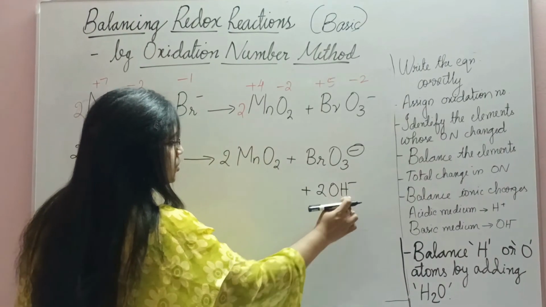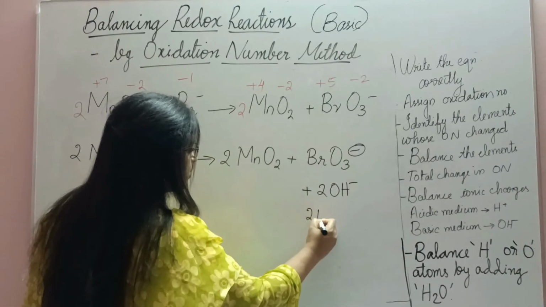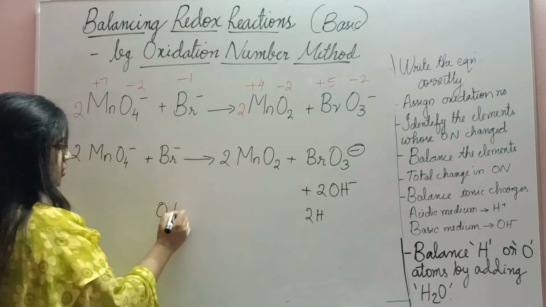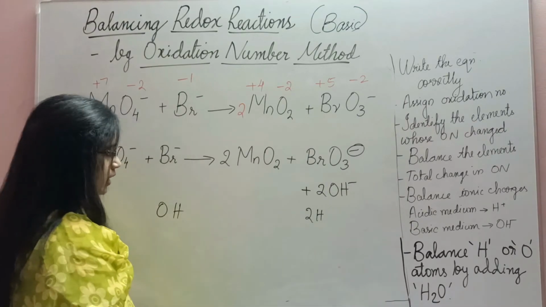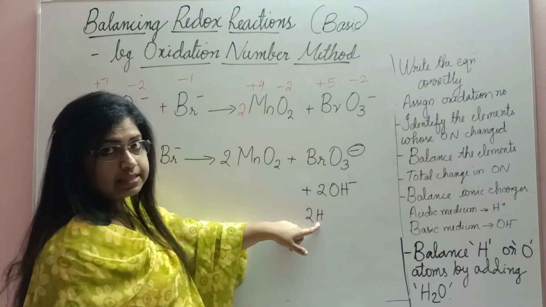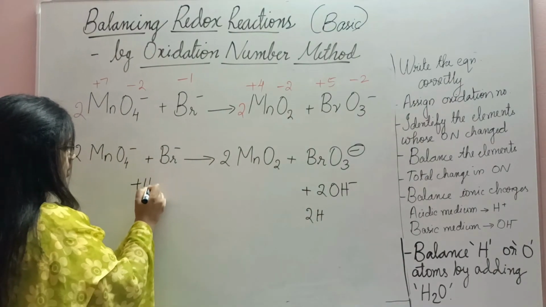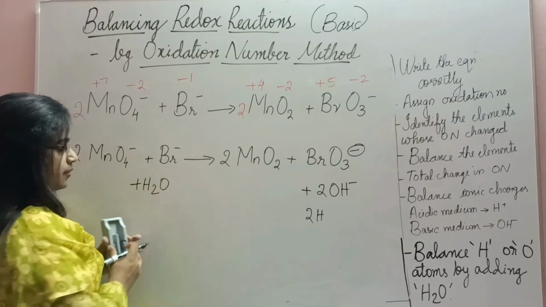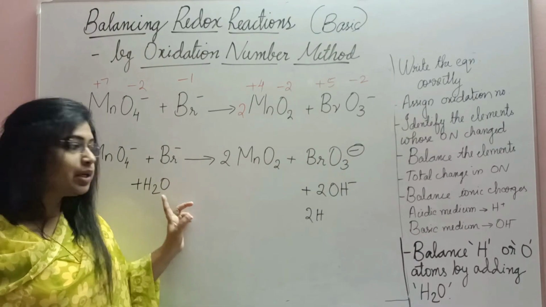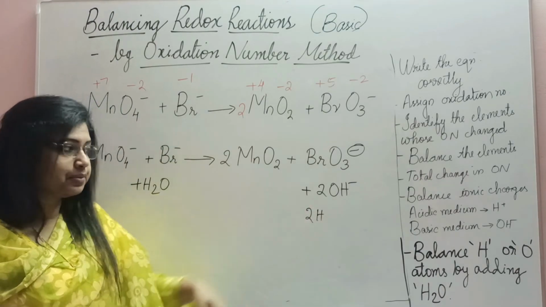Here there are 2 hydrogen atoms. So in order to balance these 2 hydrogen atoms, we can add 1 water molecule on the reactant side.